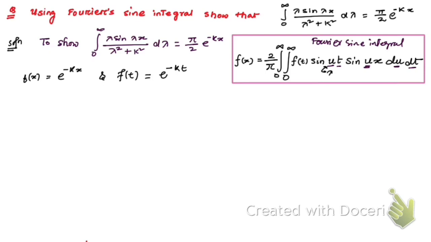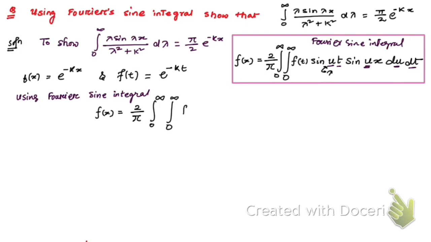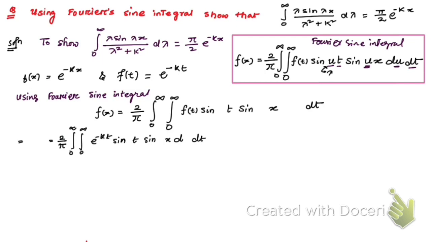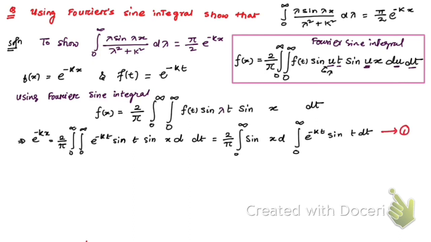So using the Fourier sine integral, we're going to get this, right? So here instead of u, we're going to put lambda.